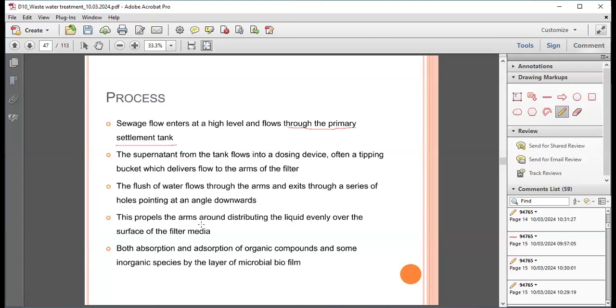This propels the arms around, distributing the liquid evenly over the surface of the filter medium. Both absorption and adsorption. What's the meaning? Absorption and adsorption of organic.